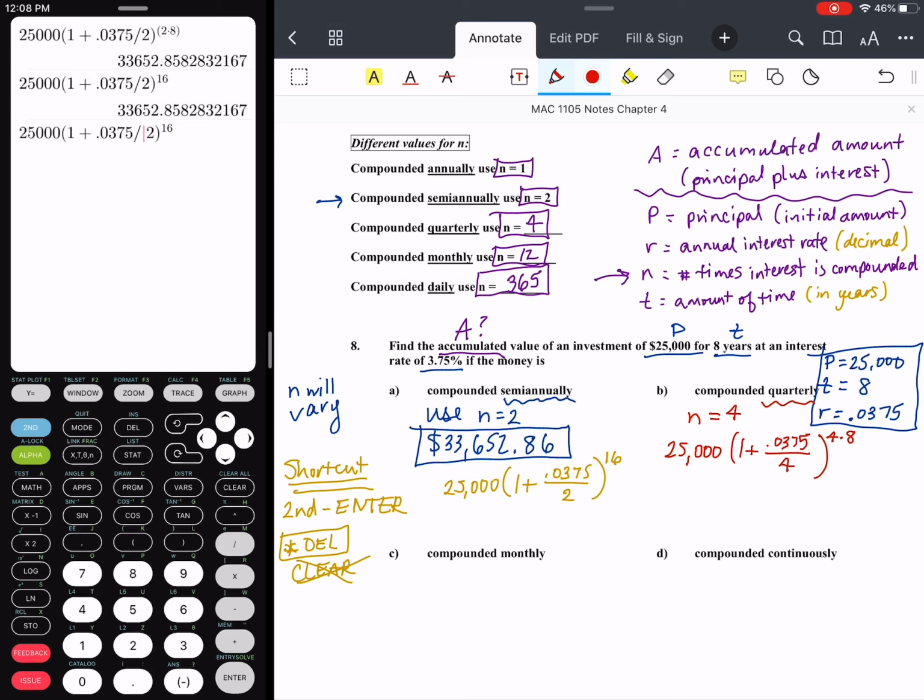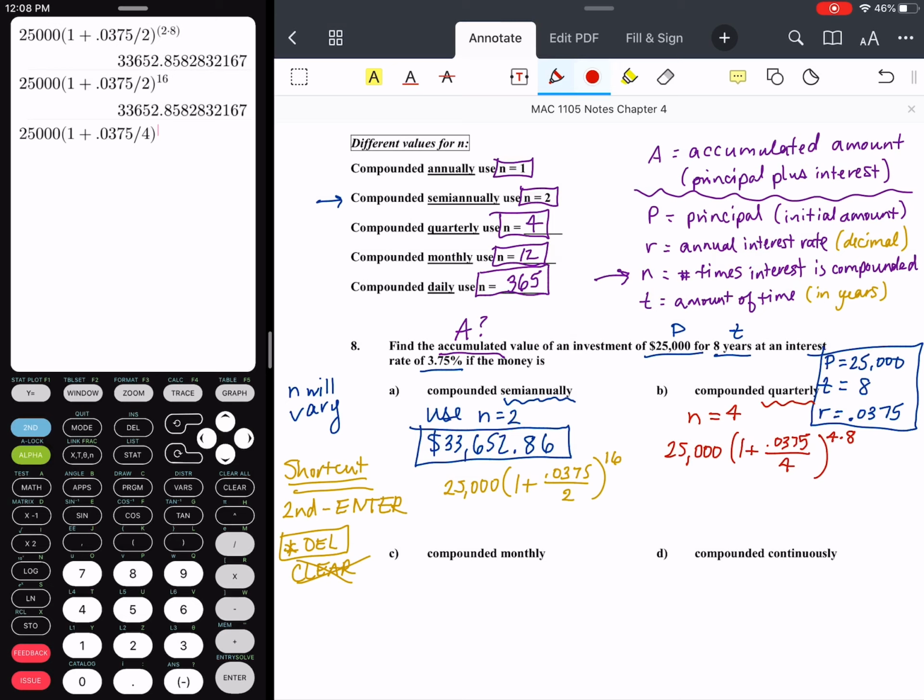So going over here, where it says 2, in your calculator, it probably lets you type straight over the 2 and just replace it with a 4. I have this little calculator app, so I'm going to have to delete my 2. And then I'll go ahead and delete, oops, put my parentheses back there. I want to delete my exponent of 16.